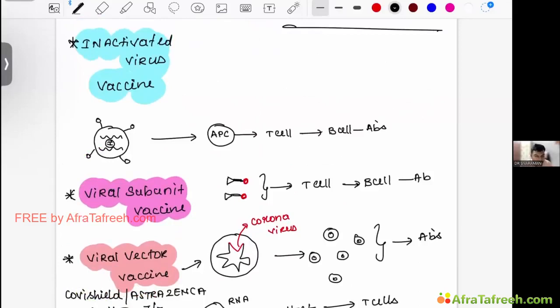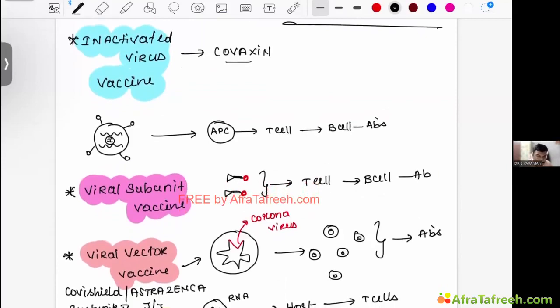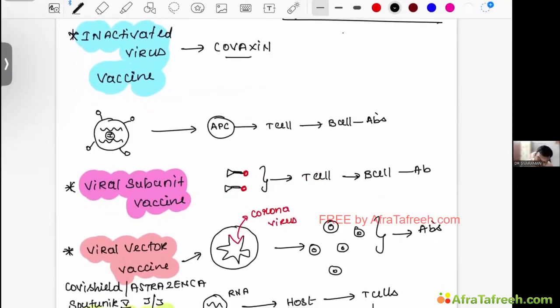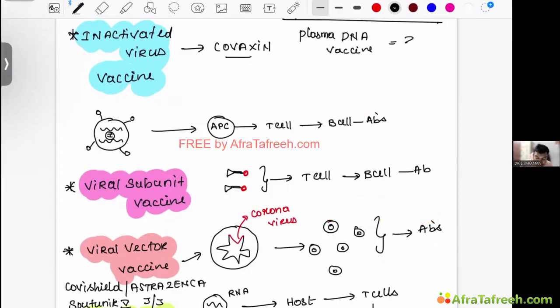Then next is the inactivated vaccine. In inactivated vaccine we have our Covaxin. In children less than 18 years, they were using Covaxin, right? Covaxin is an inactivated vaccine. Apart from this, we have the DNA vaccine, the plasmid DNA vaccine, which is more or less like our vector, and this is the Zydus Cadila vaccine.